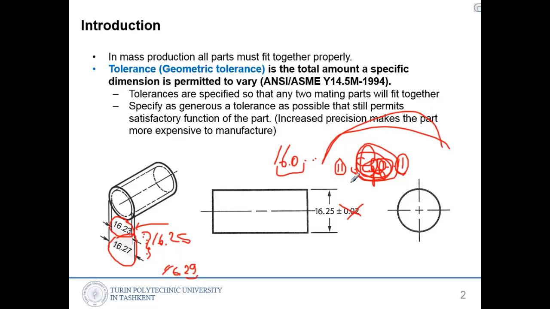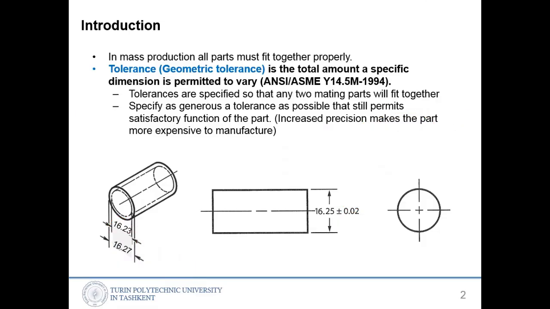If you give a wider tolerance, the price will be cheaper, but the quality will get worse. If you make a very narrow tolerance, the product price will be very expensive, but the quality might be good, but no one can afford it. So that's the key.